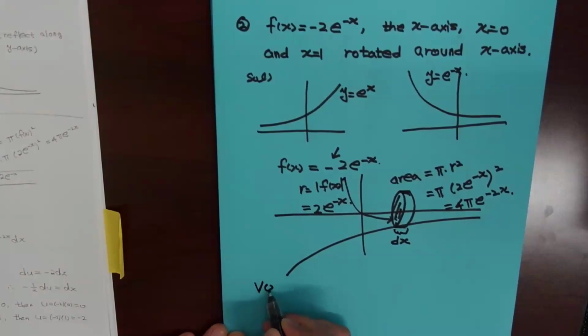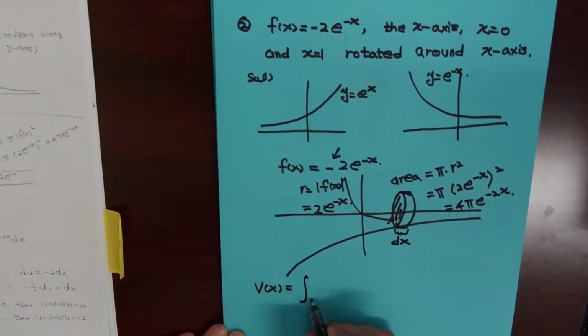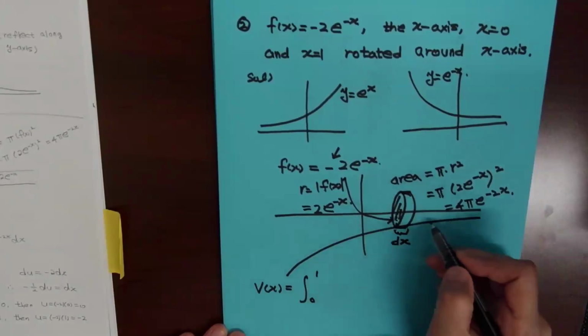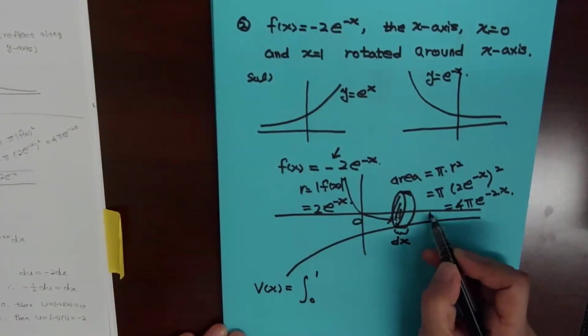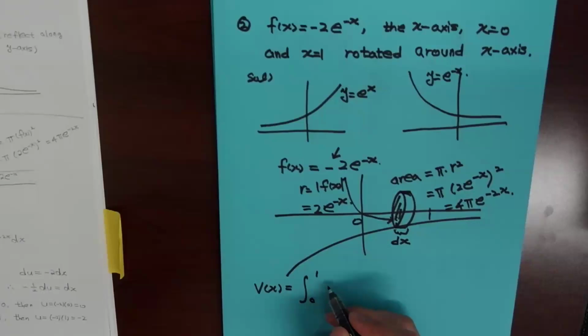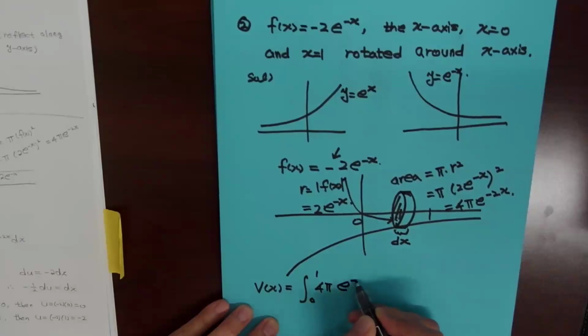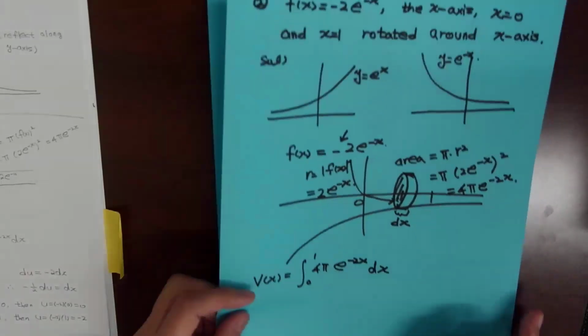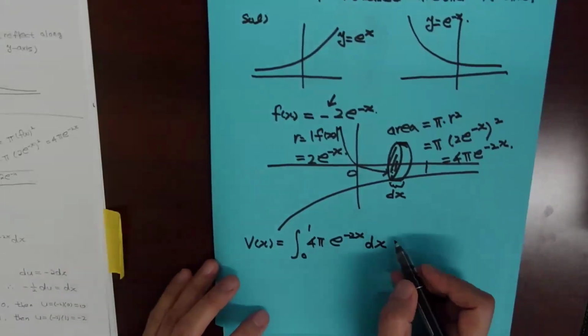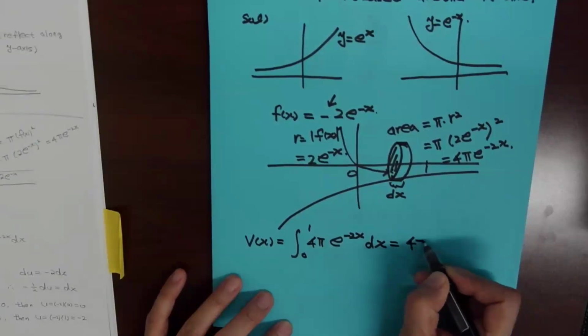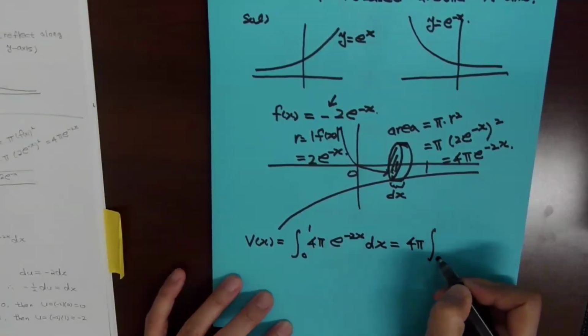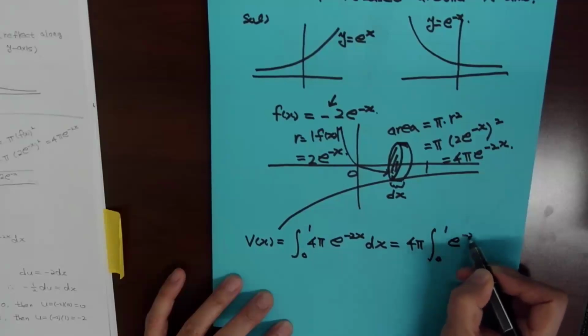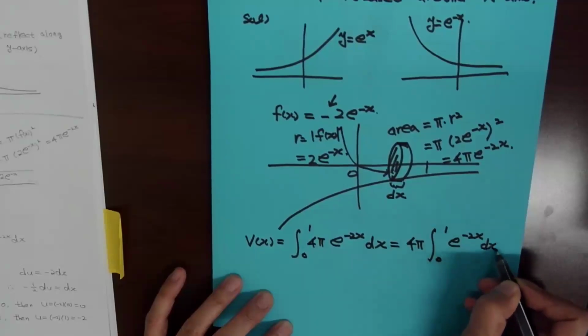So the volume will be the integral from 0 to 1, because we are thinking about 0 to 1, of pi r squared, so that is 4 pi e to the negative 2x dx. So that is 4 pi times the integral from 0 to 1 of e to the negative 2x dx.